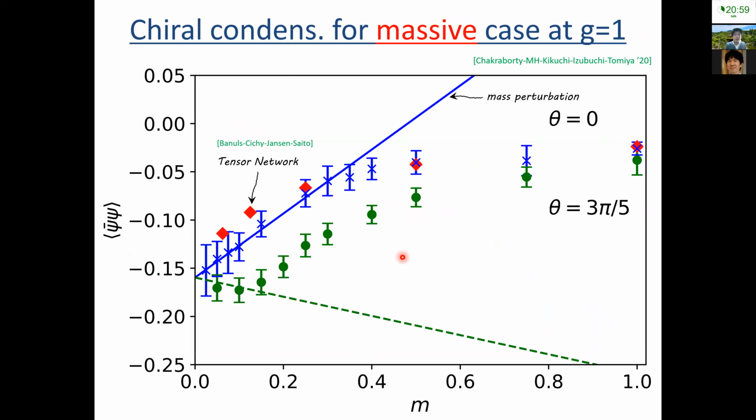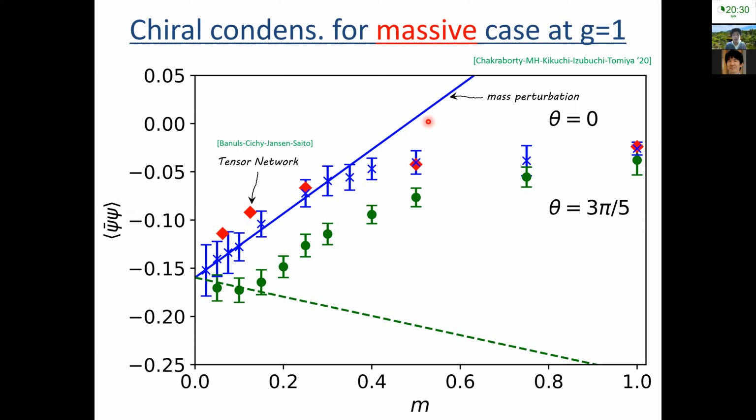And this is a result for the massive case. We fixed the gauge coupling, and we plot the chiral condensate against the fermion mass. We computed both for theta equals 0 and theta equals 3 pi over 5.